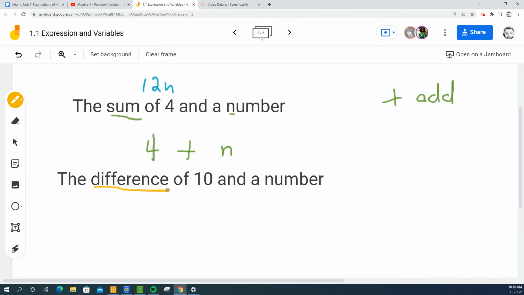What does difference mean? Yeah, in most cases, it means to subtract. But for this one, the order matters, right? So does this mean n minus 10? Or does it mean 10 minus n?